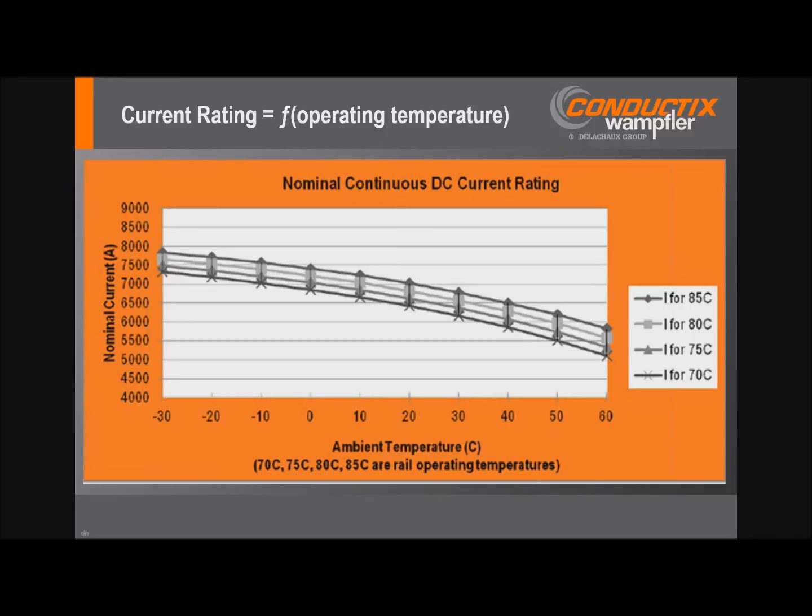But the same conductor at an ambient temperature of 40 C with a maximum temperature of 85 yields only about 6,500 amps of capacity. So there's a bit of an arbitrary nature to the rating, but when the current rating is specified in terms of temperature ranges, then it's much more meaningful and precise.